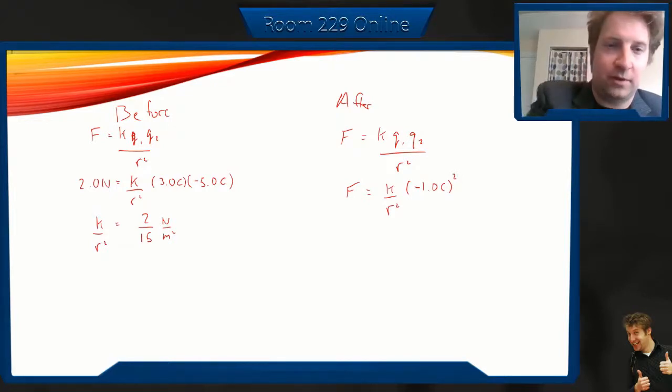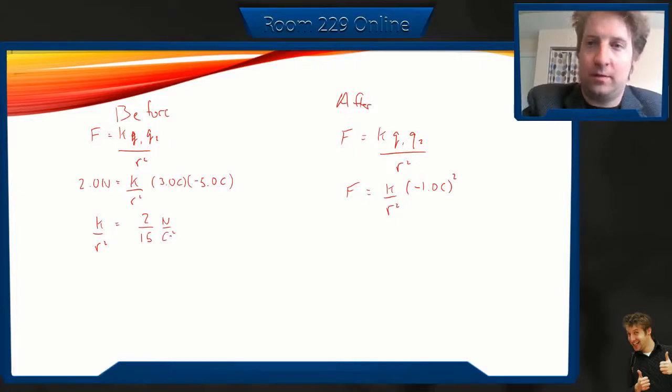Oh, that's wrong. Okay, so now that's going to be 2/15 newtons per coulomb squared multiplied by negative 1 coulomb squared.